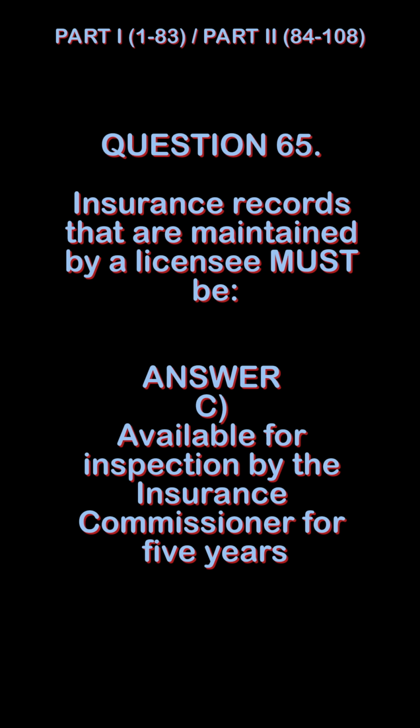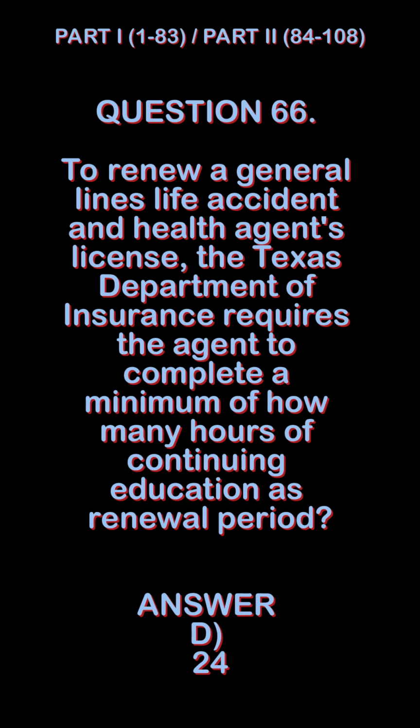Question 65. Insurance records that are maintained by a licensee must be. Answer: C. Available for inspection by the insurance commissioner for 5 years. Question 66. To renew a general lines life accident and health agent's license, the Texas Department of Insurance requires the agent to complete a minimum of how many hours of continuing education per renewal period?